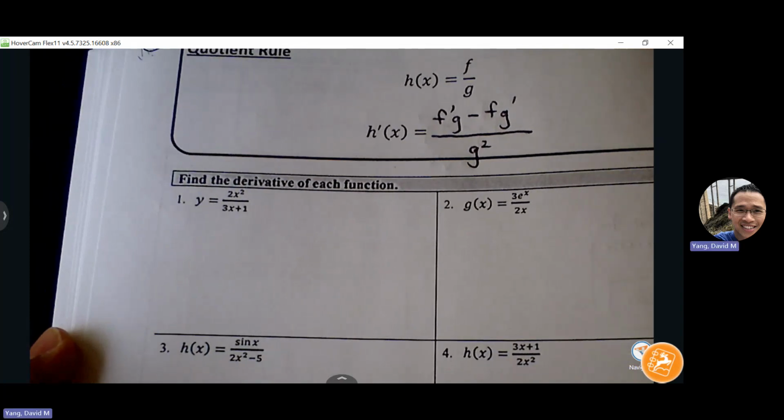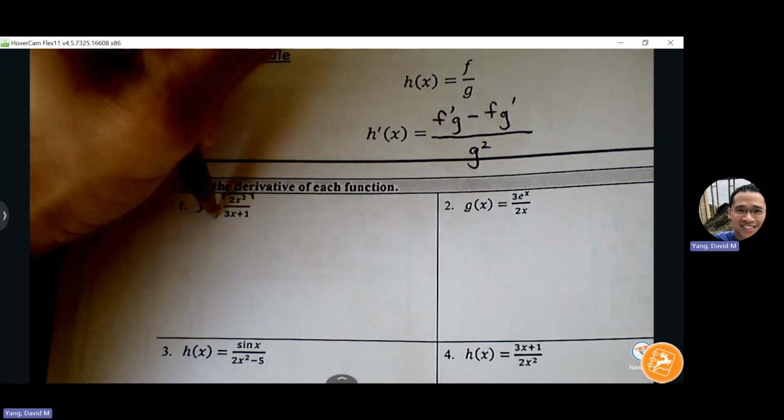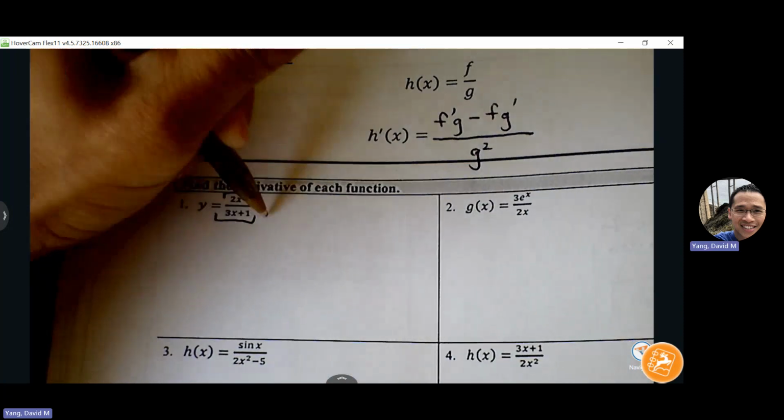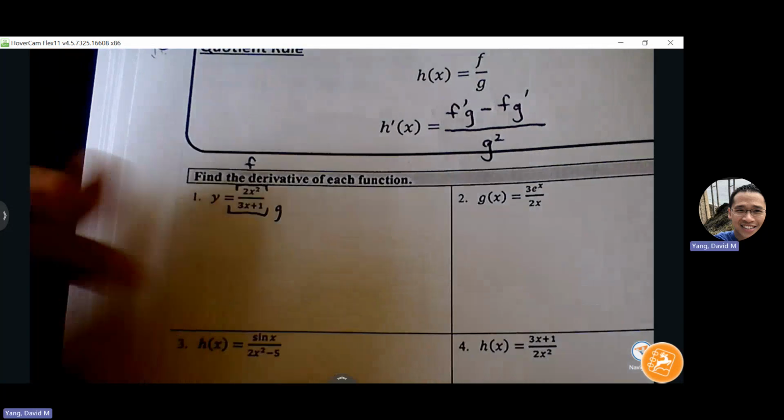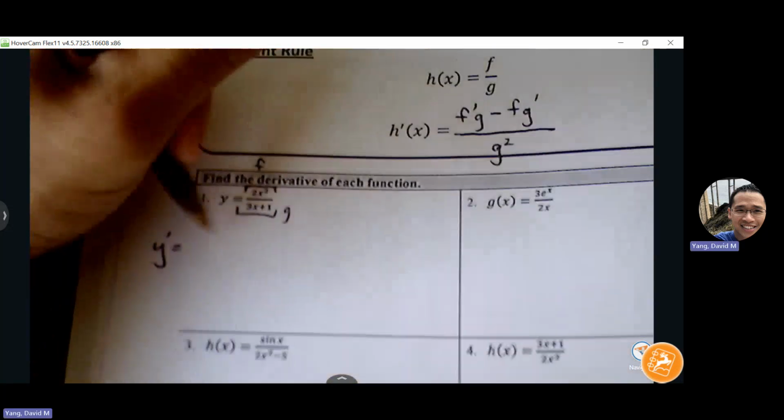Okay, so number one here, I have 2x squared over 3x plus 1. These are numerator and denominator relationship here. So if I want to find the full derivative, I'll call the numerator f, I'll call the denominator g. I'm going to find y prime.